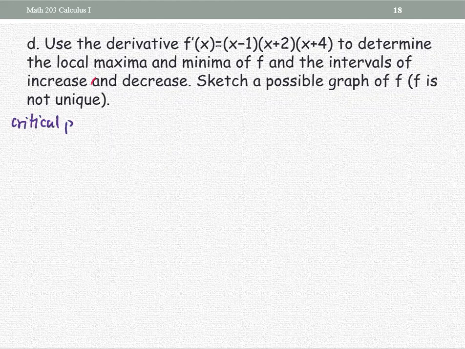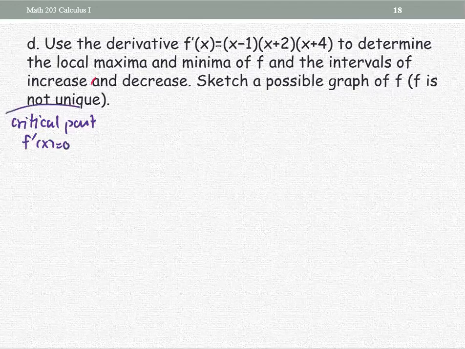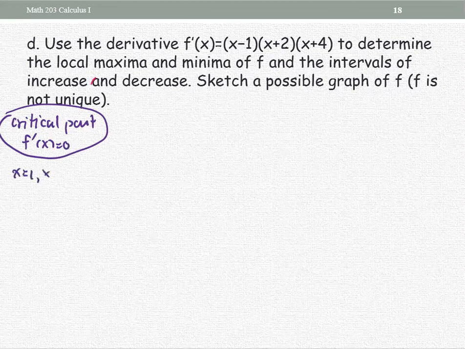To find the critical points, they occur where f prime equals 0 for the polynomial. So for f prime equals 0, we get x equals 1, x equals negative 2, and x equals negative 4.